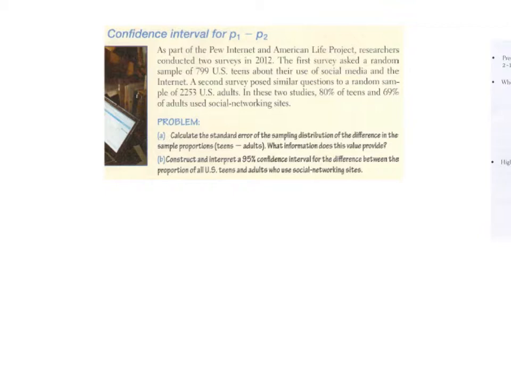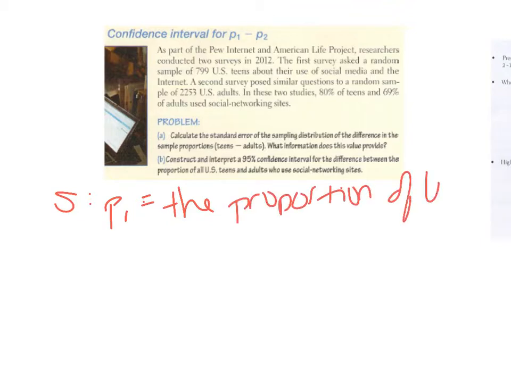So in our first part, in our state part, we have to define both of our parameters. So we have to define P1 as the proportion of U.S., because we're only talking about U.S. teens here, of U.S. teens who use social networking sites.